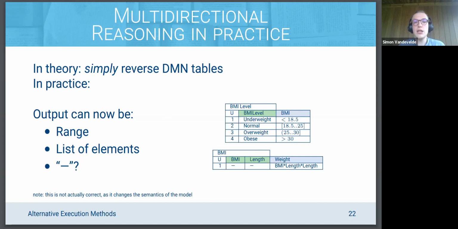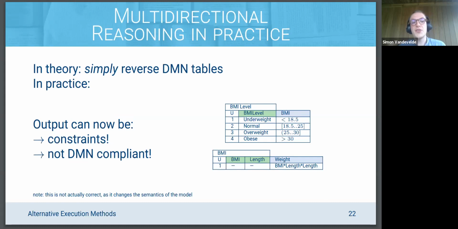It might even be a wildcard. I'm unsure, I haven't encountered that yet, but who knows, right? And so in practice, we cannot just simply reverse a DMN table, because our outputs are actually now constraints. So if we say BMI level is underweight, then our BMI needs to be below 18.5. You can actually interpret that as a constraint, right? And it's no longer DMN compliant, as I've said.